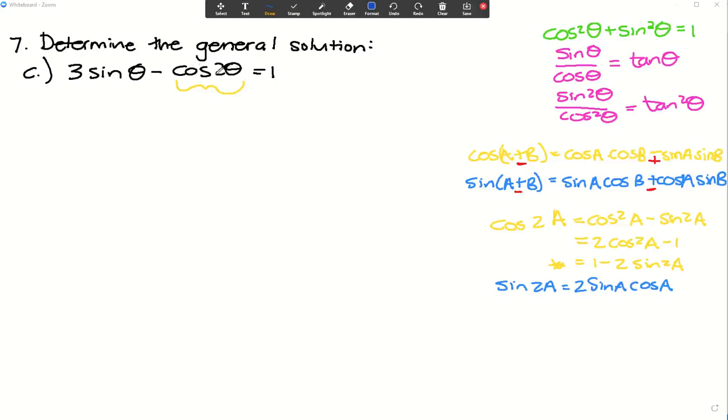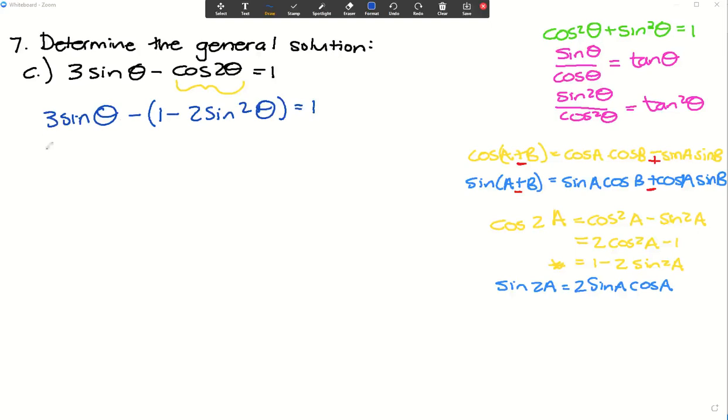But let's rather just deal with this as a sine. So we end up having 3 sine theta minus, 1 minus 2 sine squared theta, is equal to 1.